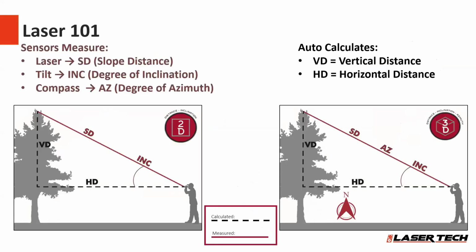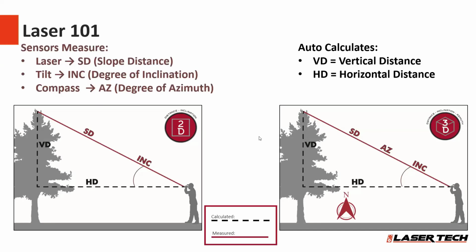Let me show you how that works. Sorry, we've got different ways that it works. Different diagrams here. On the left is our 2D lasers. The slope distance is a kind of line of sight, and the inclination or tilt is a degree of inclination. You press the fire button and those two sensors measure, and then with those values, we're able to calculate that VD or vertical distance and that horizontal distance also.